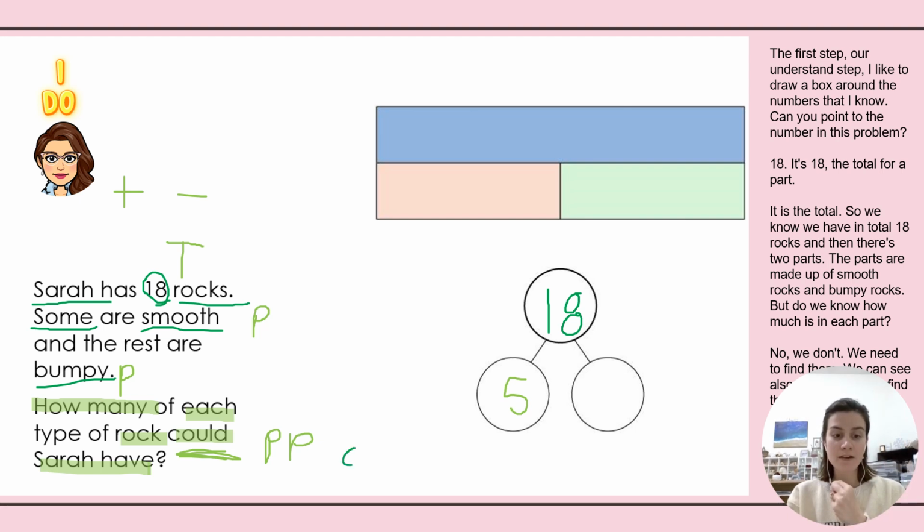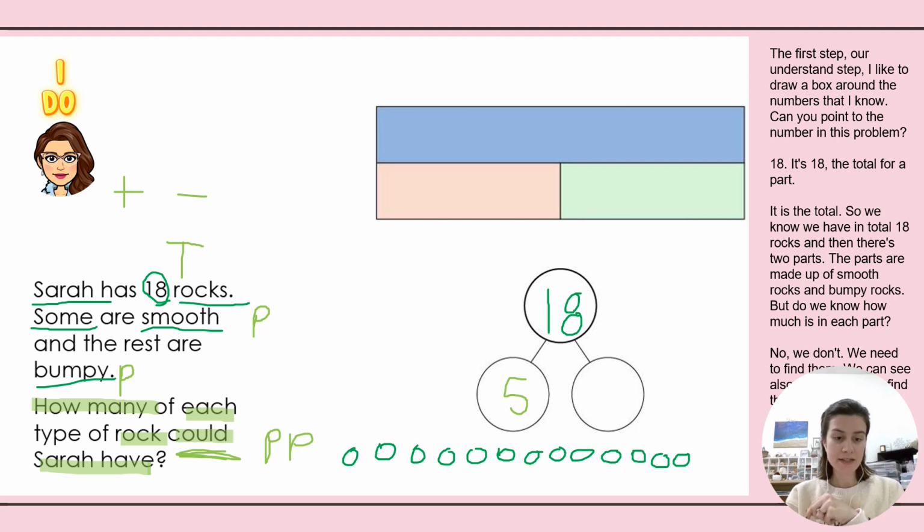Ready? 5, 6, 7, 8, 9, 10, 11, 12, 13, 14, 15, 16, 17, 18. Fabulous. Now, how many times did I count on? Let's count our circles. 1, 2, 3, 4, 5, 6, 7, 8, 9, 10, 11, 12, 13.